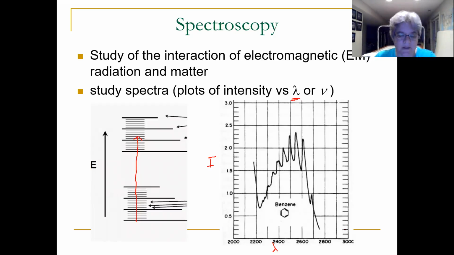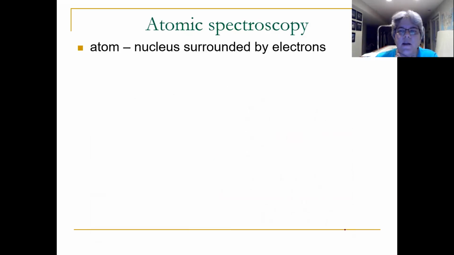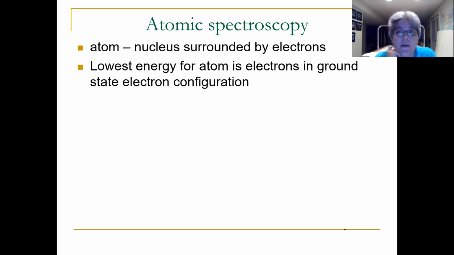So we're now ready to move on to some new material. We want to look a little bit more at this idea of spectroscopy. So for atoms, we have an atom that is a nucleus surrounded by electrons. So it's actually those electrons that absorb the light energy.